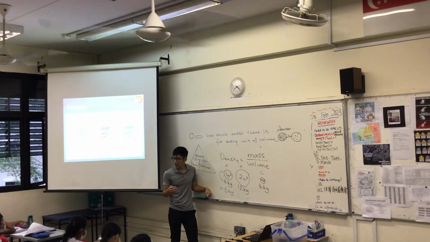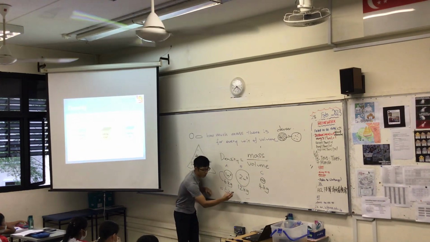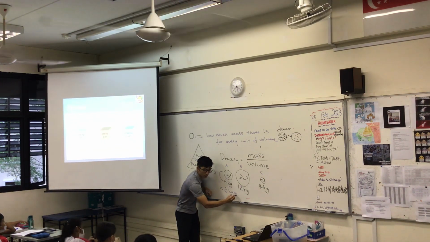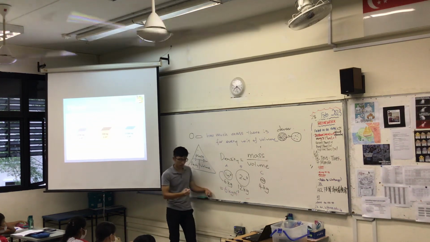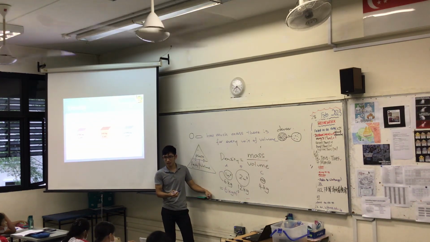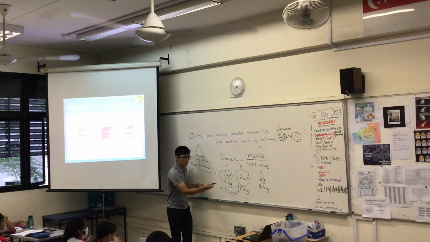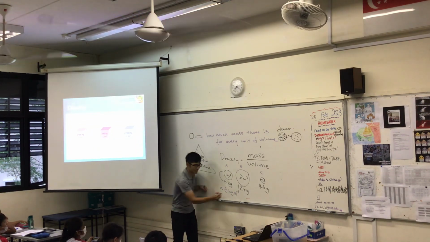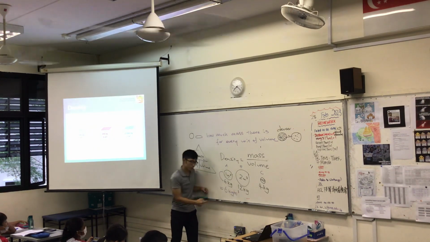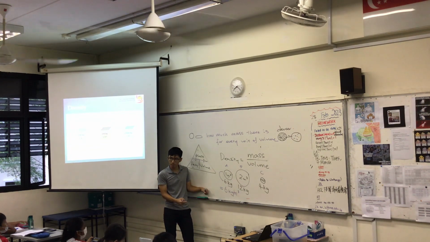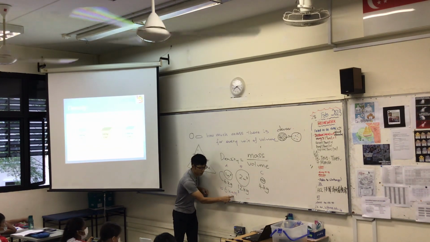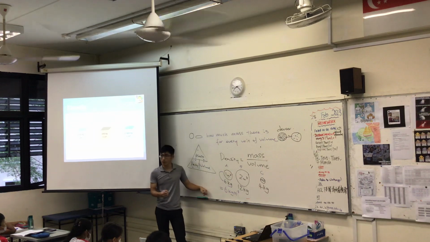Rather than slash, can you do this now? Meter negative cube. Remember, the negative means the same thing as slash. So if you write slash meter cube versus meter negative cube, it's the same meaning.